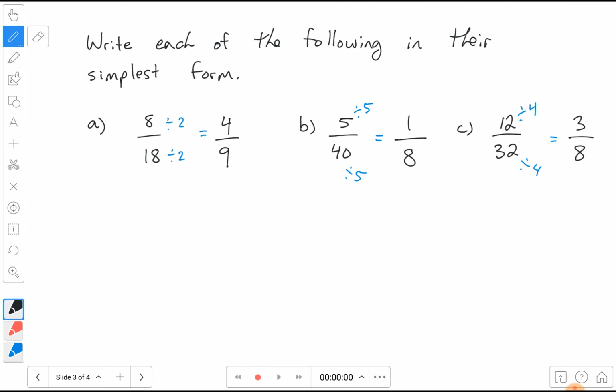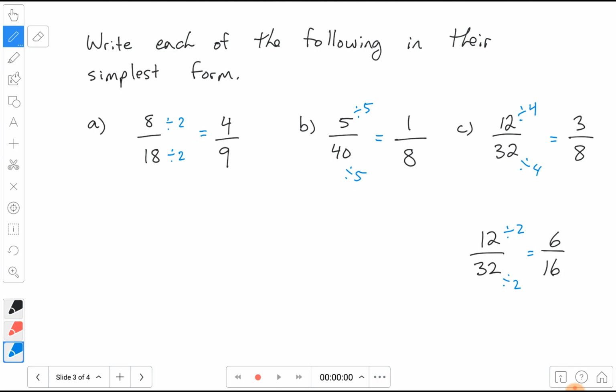If we didn't notice right away that 4 was the highest common factor of 12 and 32, we could have made a list, but that takes a while sometimes. We could have gone step by step: these are even, so we divide them both by 2, and we get 6 over 16.